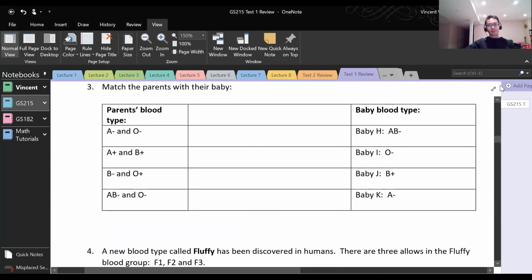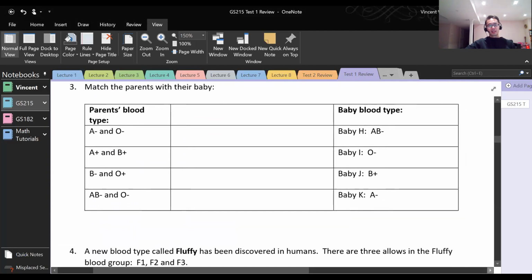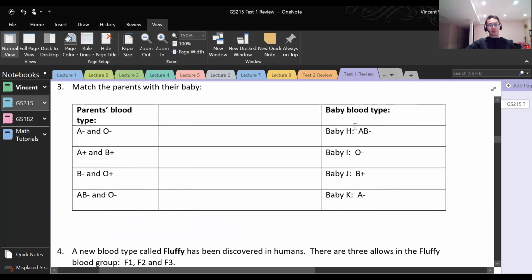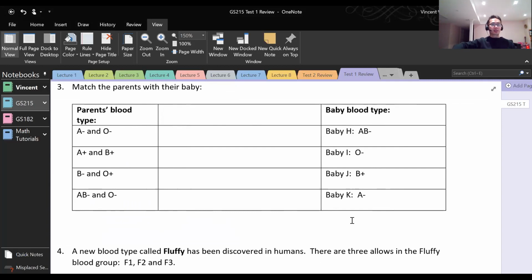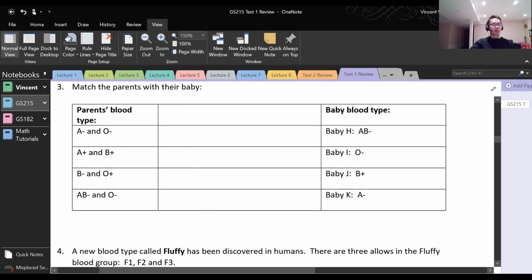Next. Match the parents with their babies. Anybody did this yet? Anybody have an answer they want to share? Yes, Patrick, please. Tell me what you got, if you want.